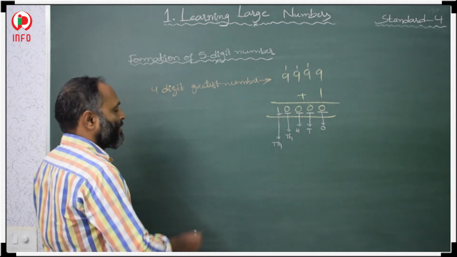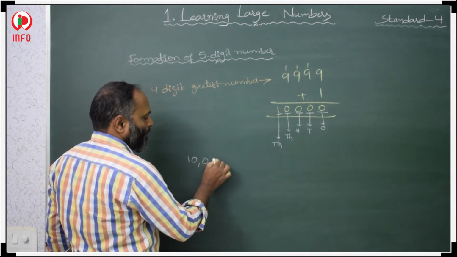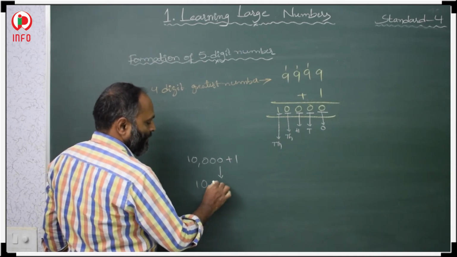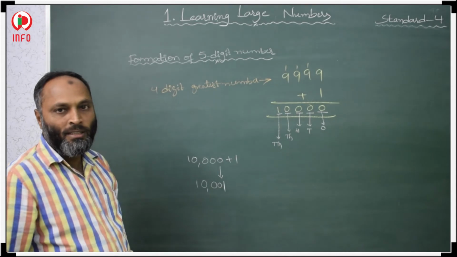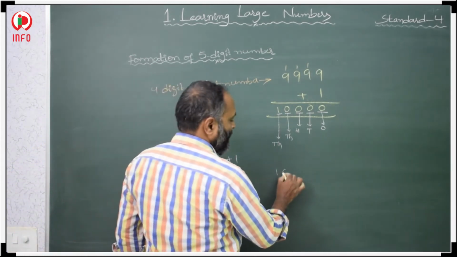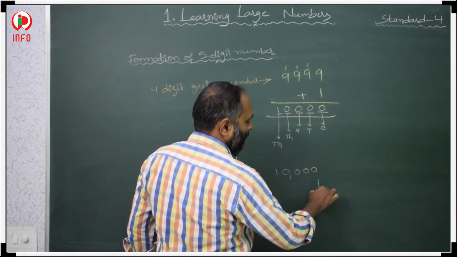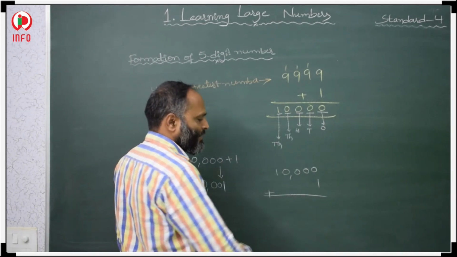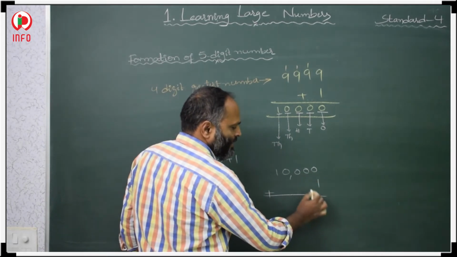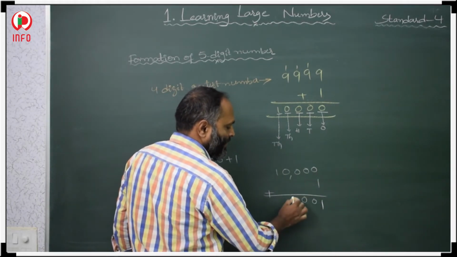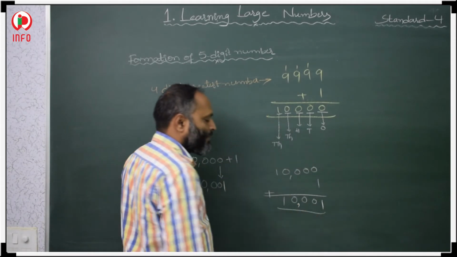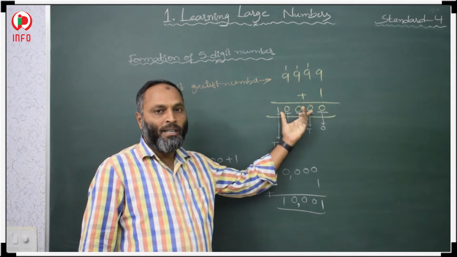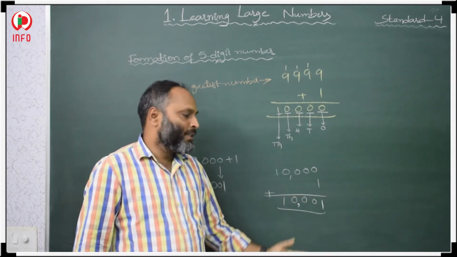If we add plus 1 to 10,000, then we will get 10,001. If we want to check, 0 plus 1 is 1, and the other zeros stay as they are. So 10,001.